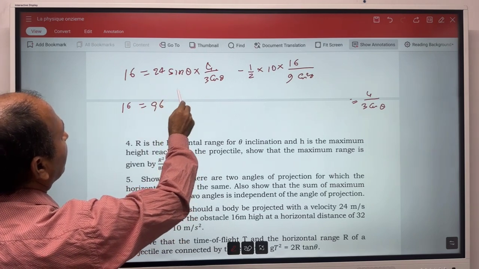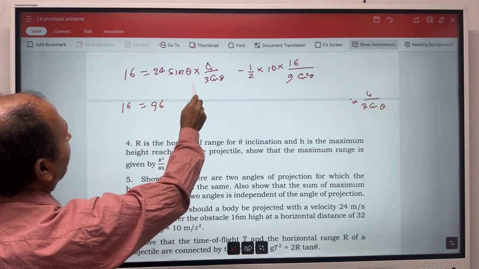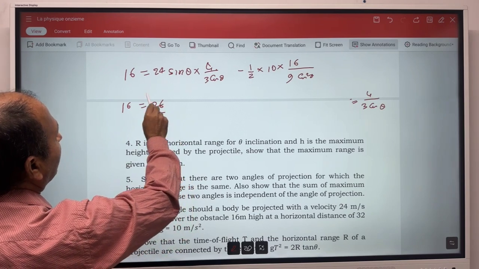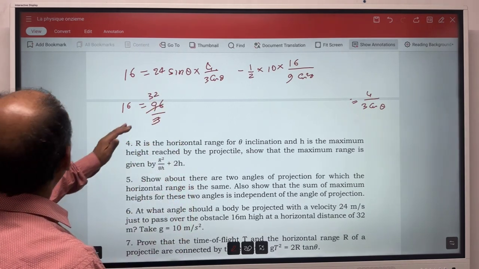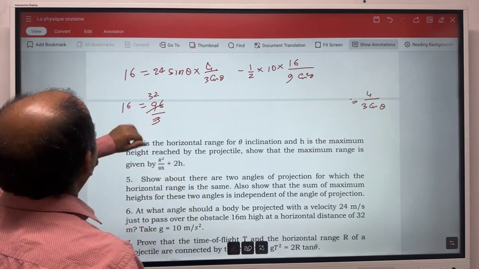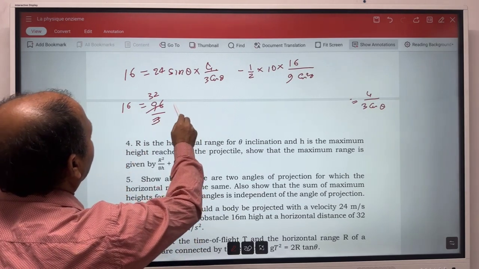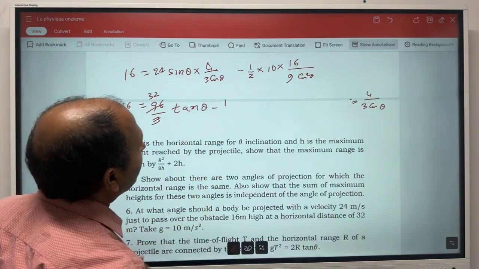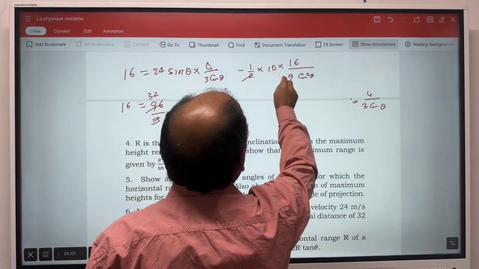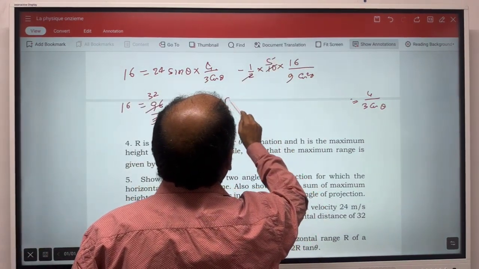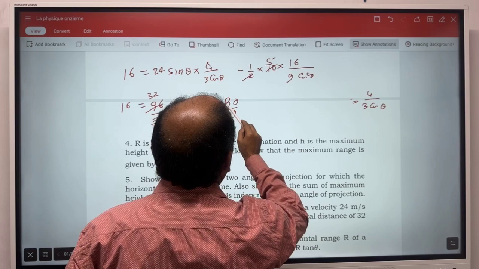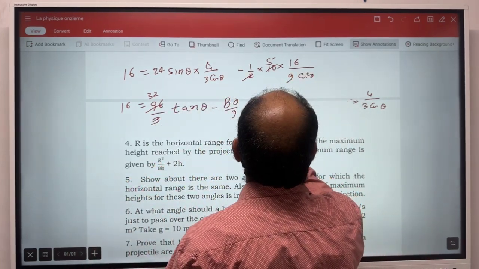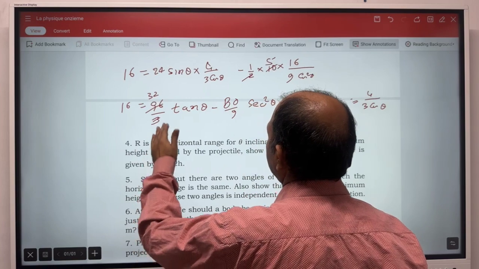We can cancel, this is sin theta divided by 3, this will become 32 tan theta, minus 80 upon 9, and 1 upon cos square theta can be written as sec square theta.